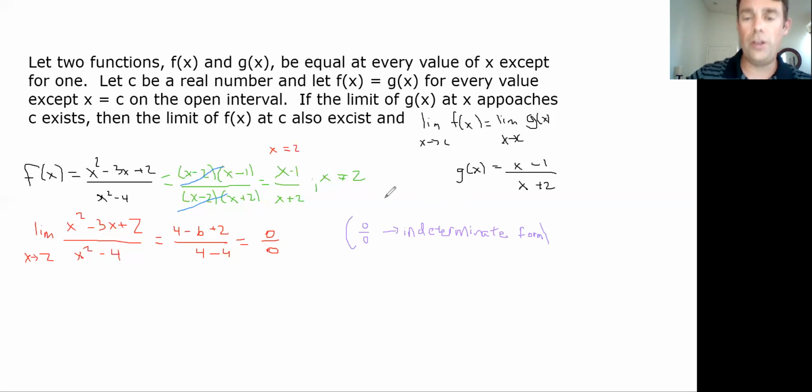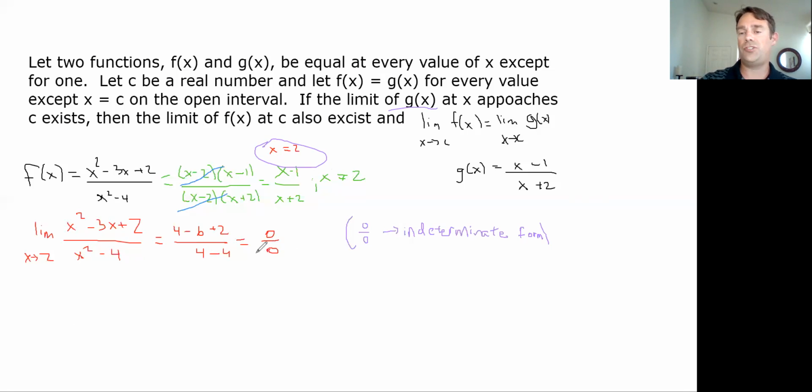So if we could rewrite this, we could actually figure out a form that we could solve. And that's what this says. Hey, if you can't figure it out in f of x, but you know that g of x works the exact same except for one value, in this case x equals 2, we could actually figure out what this is.